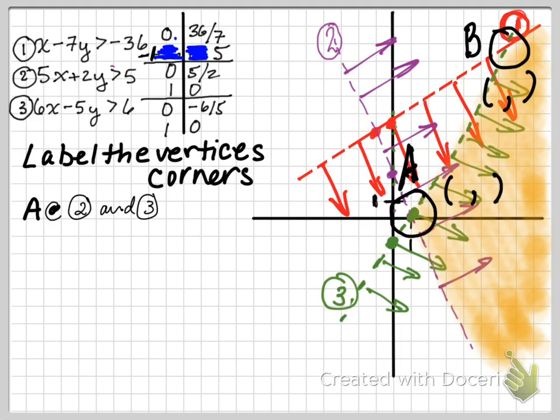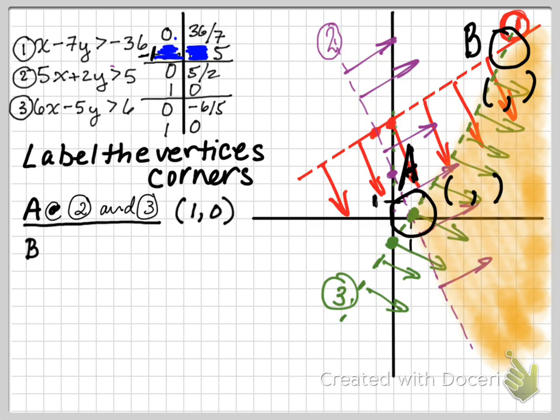Well, in this case, there's no solving necessary, right? Because look at the XY table here, 1, 0. That's where that point is. It's at 1, 0, so there's no work required here. I can just see that it's at 1, 0. So let's say A at 2 and 3 is 1, 0. So there's my first vertex that I've labeled.